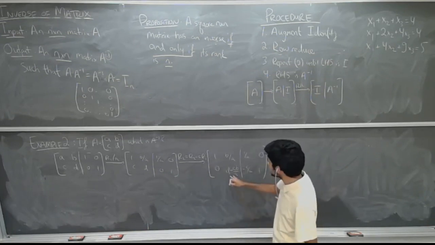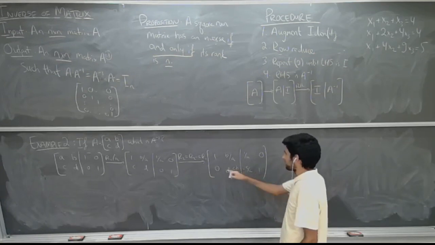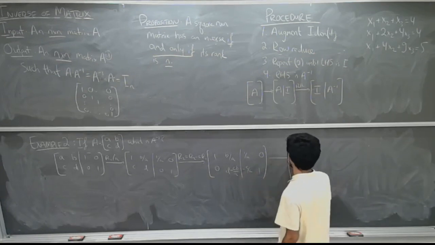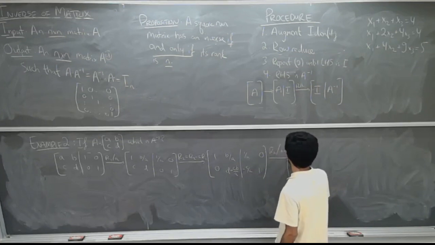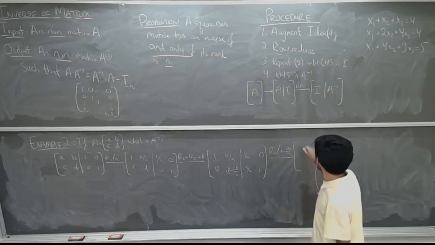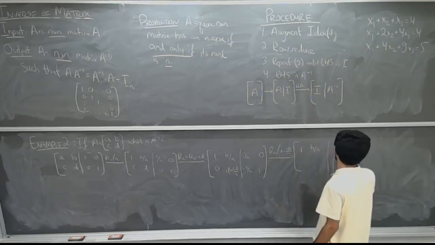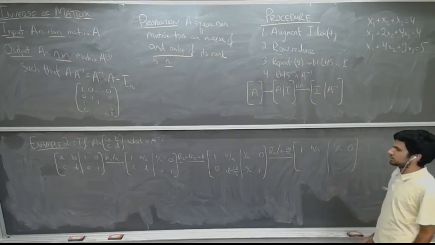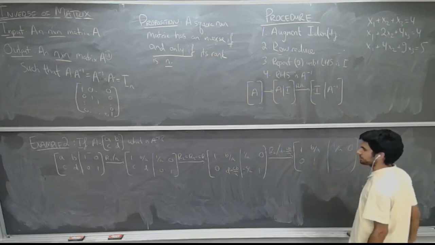Okay, we'd like to get a 1 here. It's a little bit nasty, but why don't we just divide this entire row by that quantity? So we'll do row 2 divided by d minus cb over a. The first row remains as is. The first term of the second row stays 0, and the second one goes to 1.